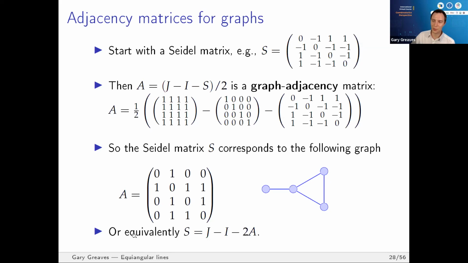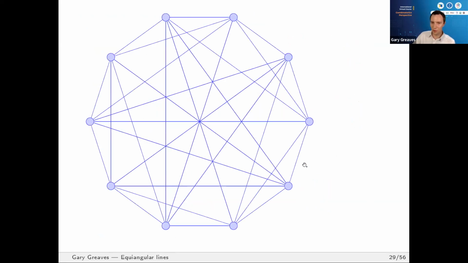So in this example, we get this matrix here, which corresponds to this graph. And you can go back and forth between graphs and Zydo matrices. If you want to write down the Zydo matrix with respect to this graph, you just put minus ones where there are edges and ones where there are no edges, and zeros on the diagonal. Okay, so we can get graphs.